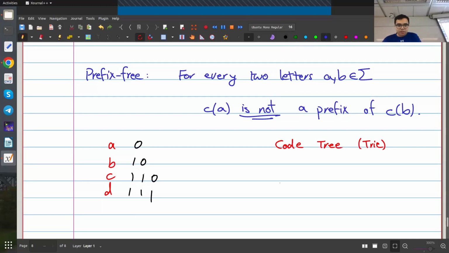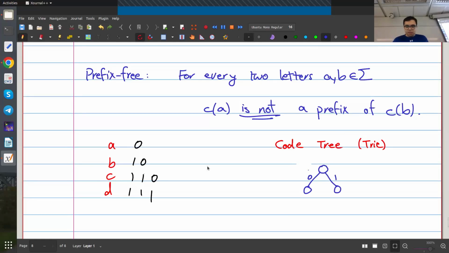Now, how do I create a code tree? Very easy. I create just one node that corresponds to the empty string. For every node, I say that it can have at most 2 children. And basically going left corresponds to a 0 and going right corresponds to a 1.